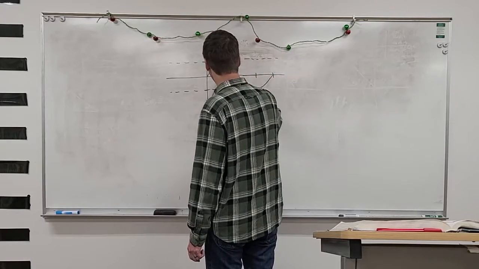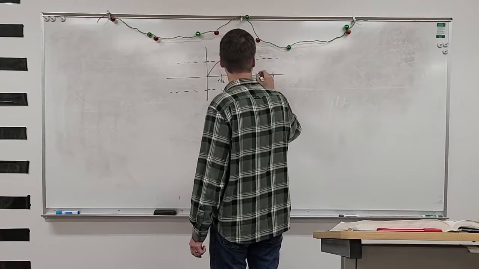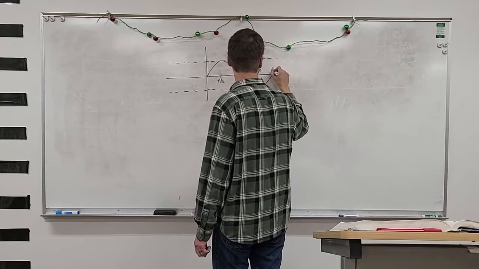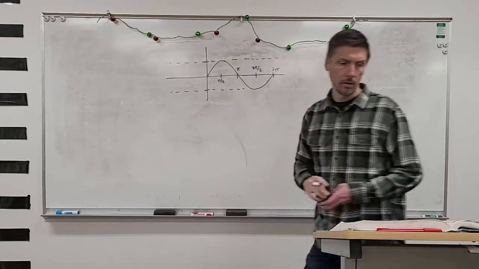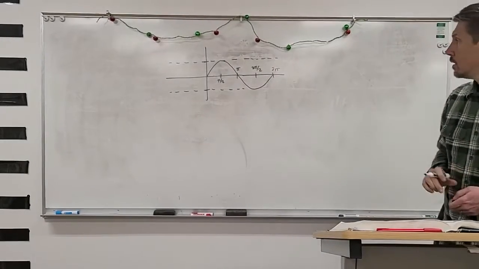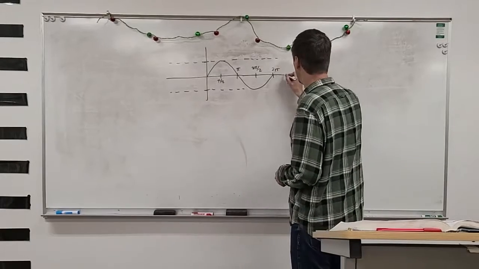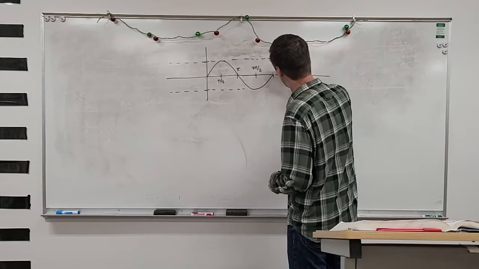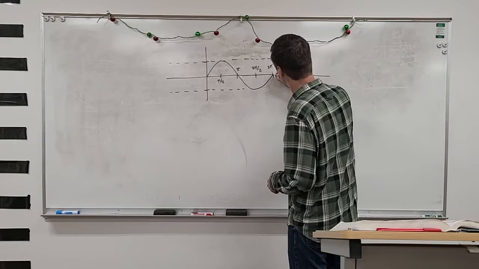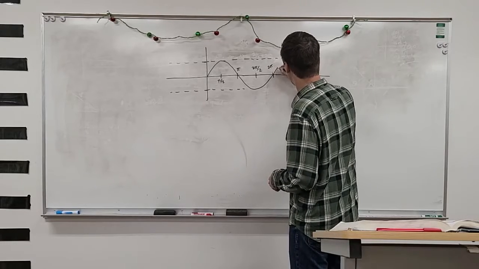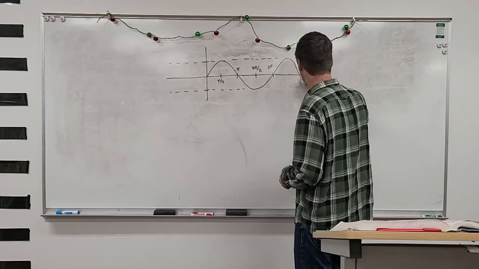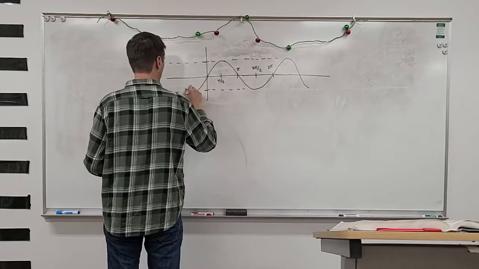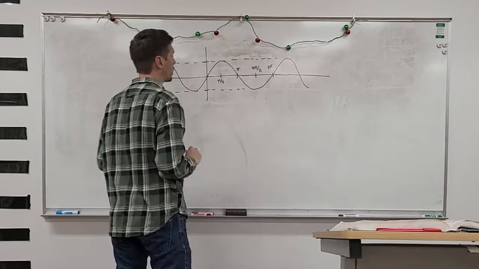So this is pi halves, this is pi, this is 3 pi halves, and this is 2 pi. So it looks like this, but it doesn't stop there. It just continues to repeat. Once you draw it there, it just looks the same as it continues to go over and over. Same thing over here, and come down like this, go up like that, and so forth.